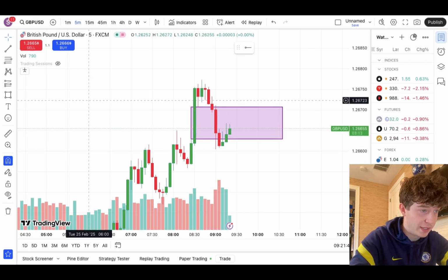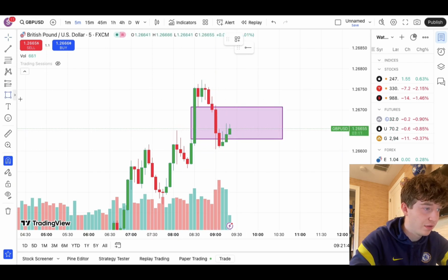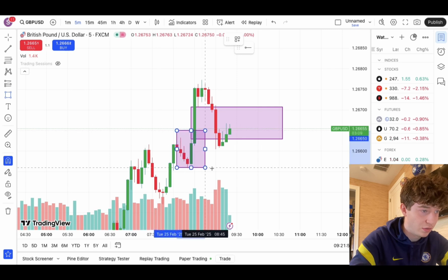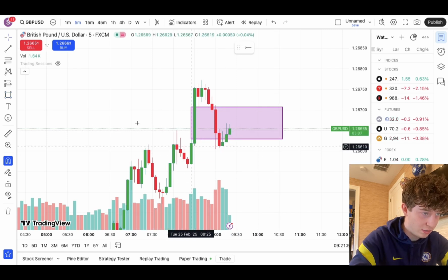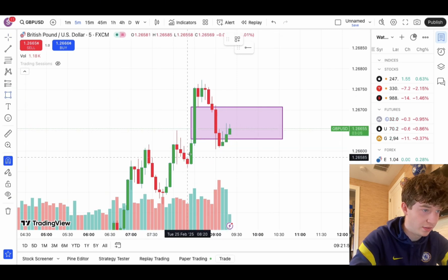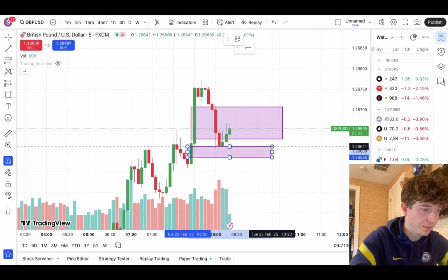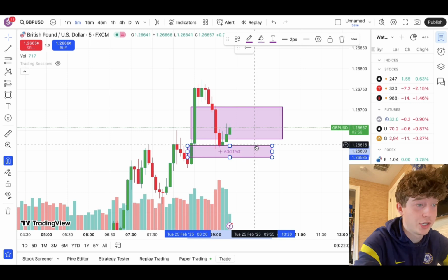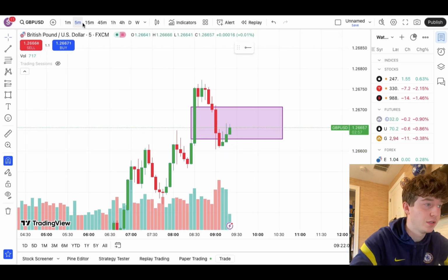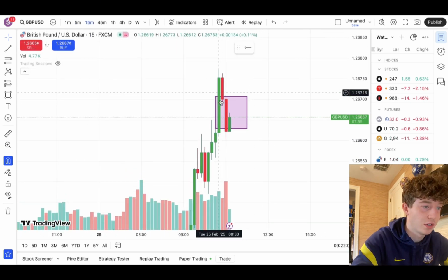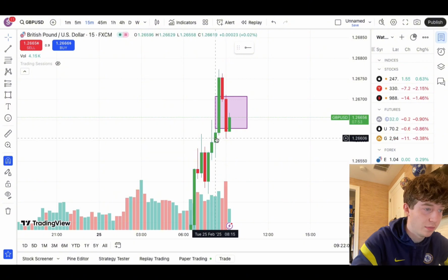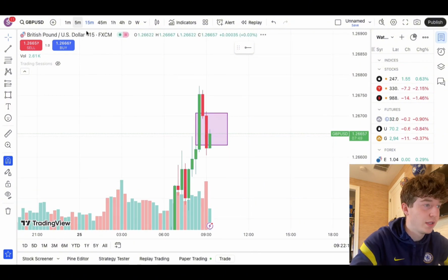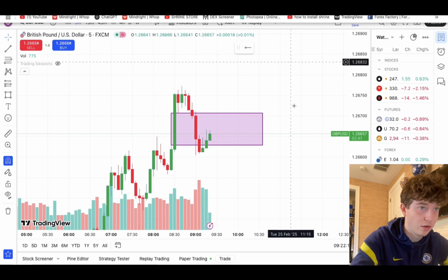It got disrespected a bit, but we did have this order block. Oh, sorry, we did have this fair value gap too. So it respected that, and it didn't break structure. Especially in the 15-minute, it didn't break structure. It disrespected it, but it respected this right there. So I'm expecting a bullish order right now.